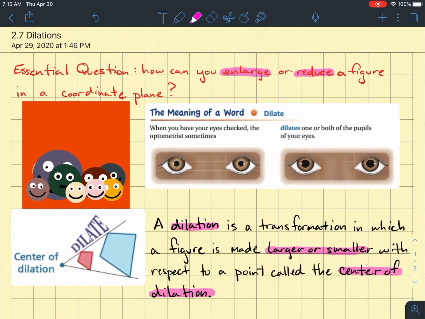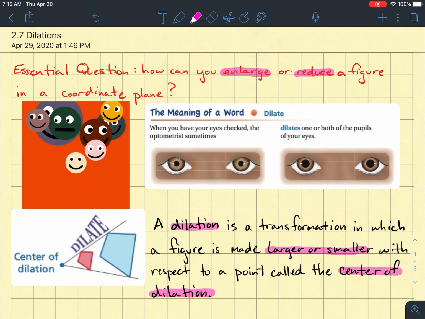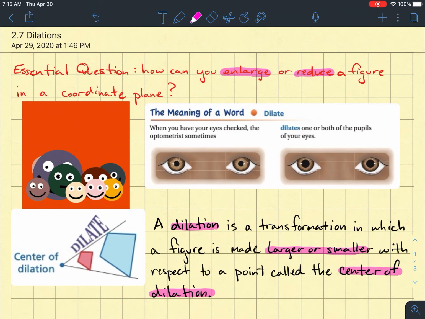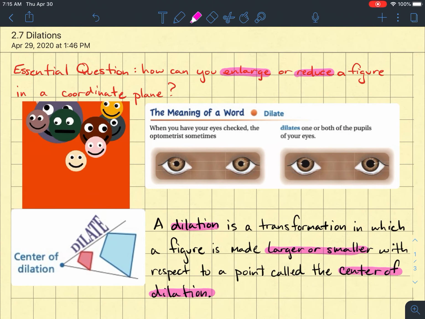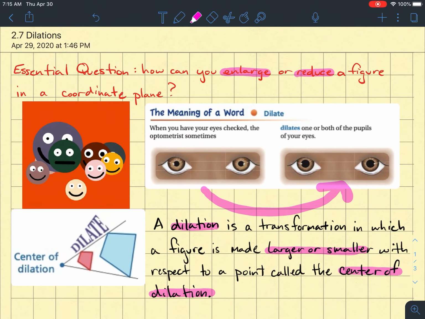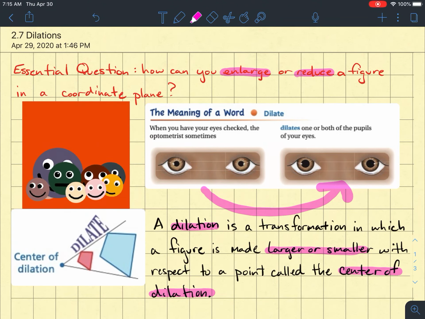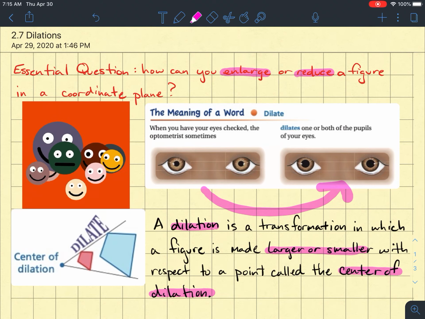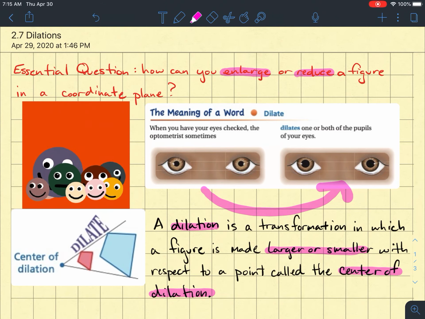Now, you may have heard that word dilation before. Usually it's associated with an optometrist, maybe putting a particular drop in your eye, and your eyes go from normal dilation to an enlarged dilation where your pupils are bigger, and they can do whatever they need to do as they're checking your eyes.